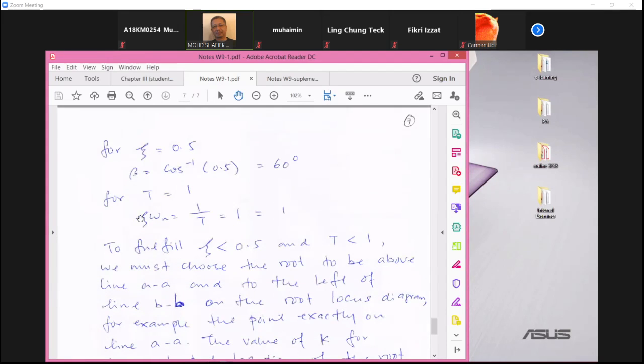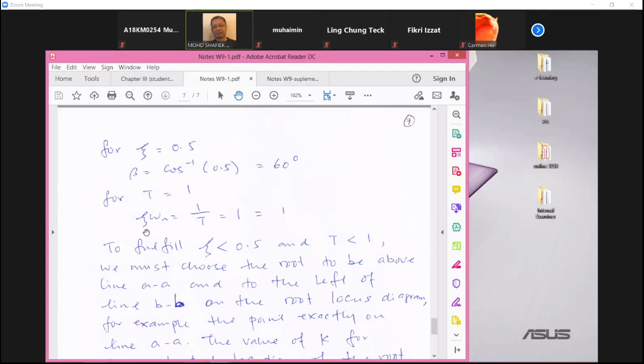From your second specification, for time constant equal to 1 second, zeta omega is 1 over the time constant, so 1 over 1, you get 1. So for a time constant of 1 second, the real part of your root must be equal to 1. Anything less than that is going to produce a time constant bigger than 1. So this is the critical point that will give you a time constant of 1 second.